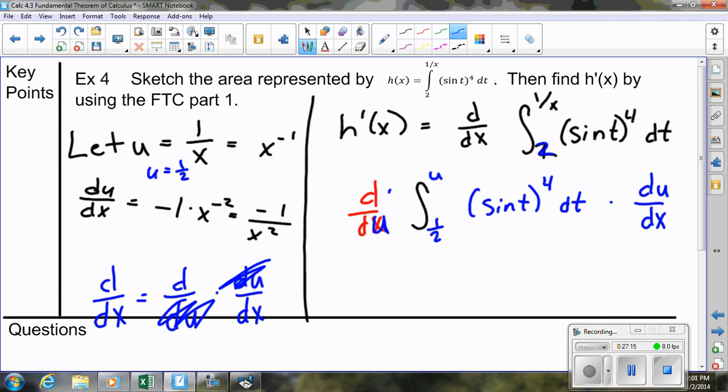That's the idea behind what we're doing here. And so by using this change of variable, we can now say the fundamental theorem of calculus kicks in right here. That stuff's gone, and we wind up with the sine of u to the 4th times du dx.